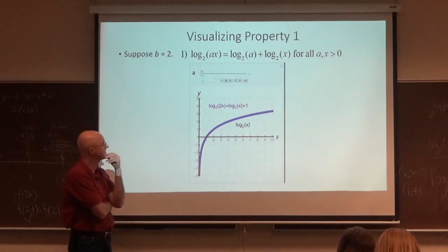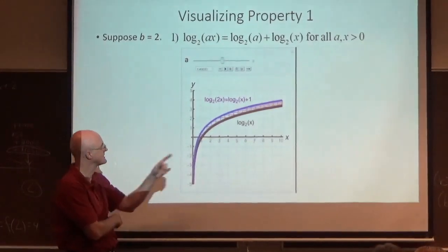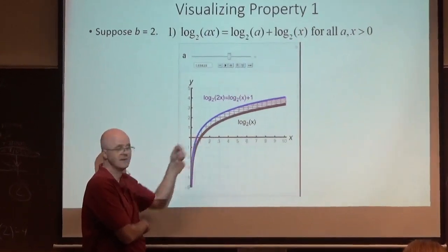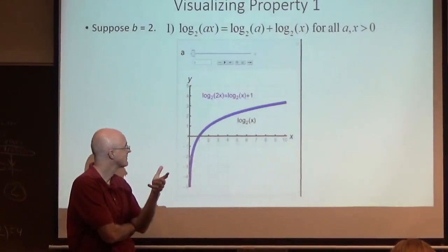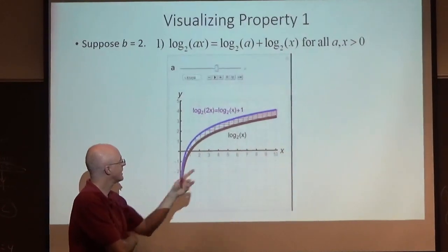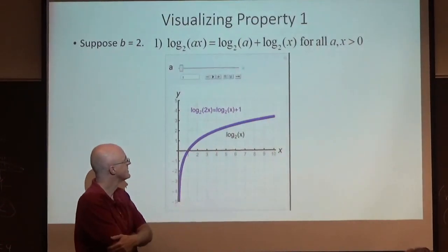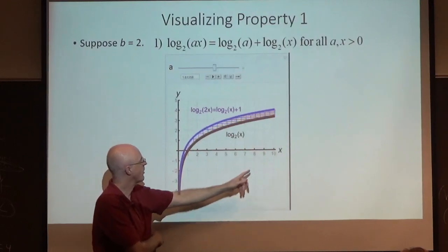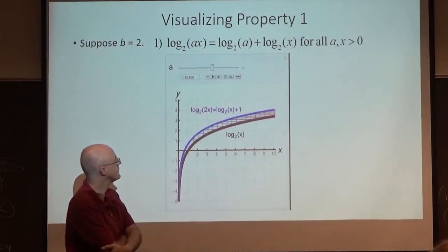The black graph is the graph of log base 2 of x. Notice, for example, it goes to the point (2, 1), because 2 to the first power equals 2. It goes to the point (4, 2), because 2 squared equals 4. It goes to the point (8, 3) because the third power is 8.